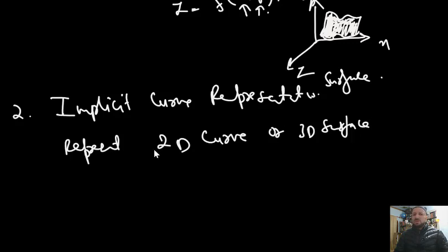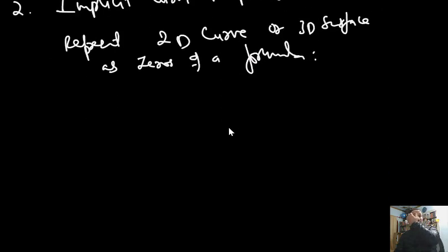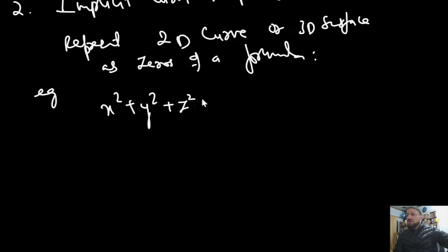How do we represent a 2D curve or a 3D surface? As zeros of a formula. If you have zeros of a formula, we can say this is an implicit representation, like x square plus y square plus z square plus 1 equals 0.